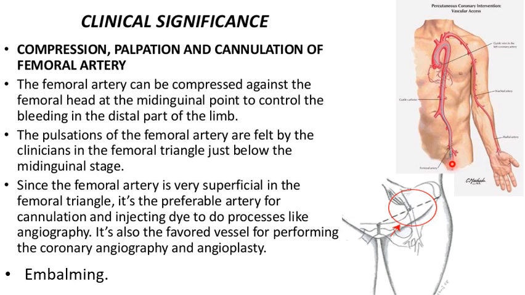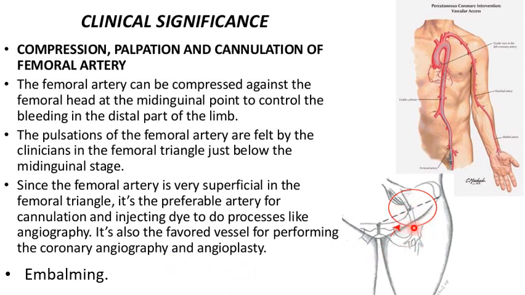The cannula is inserted through the femoral artery via the external iliac, the common iliac, and then into the abdominal aorta, the thoracic aorta, the arch of the aorta, and then into the heart. From there it can even be sent through the coronary arteries for coronary angiography and angioplasty.